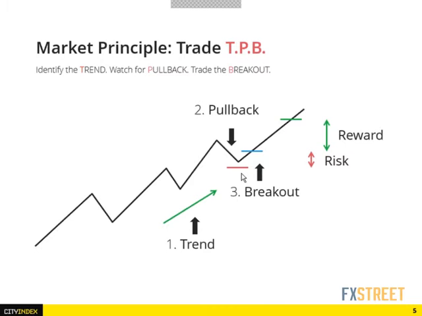The trend, then a pullback within that trend, and only if there's a breakout after the pullback will I take a trade. So we see here we've got the trend, we've got a pullback, and then the price turning back in the direction of the trend, and then I'm looking for a breakout at that point, and I've got my stop loss down here.